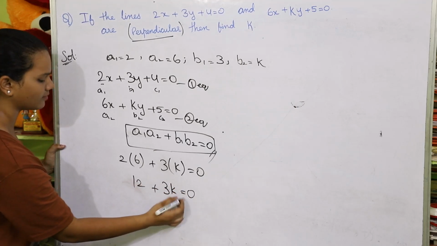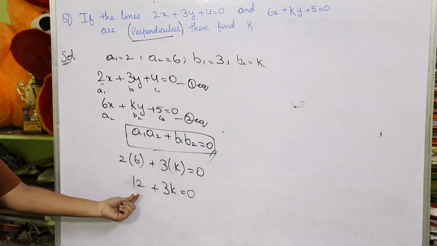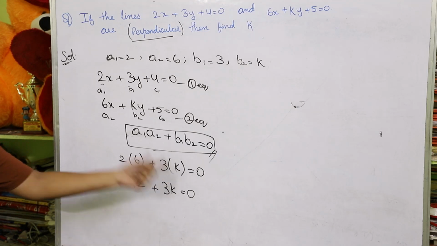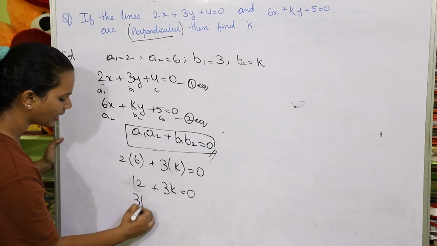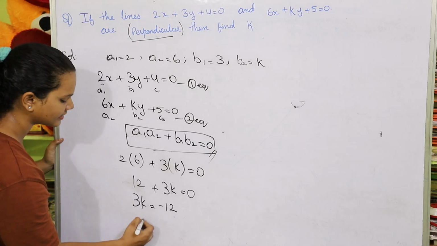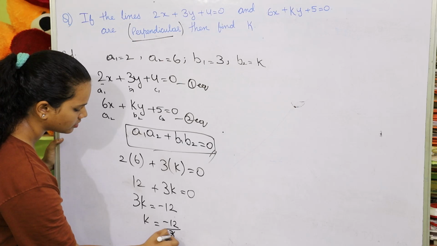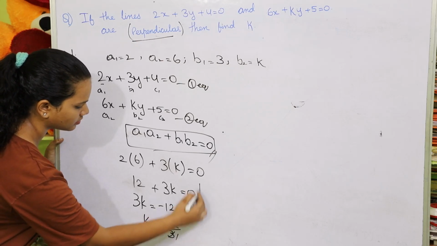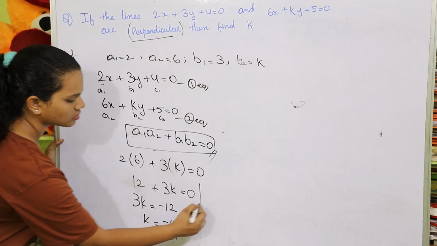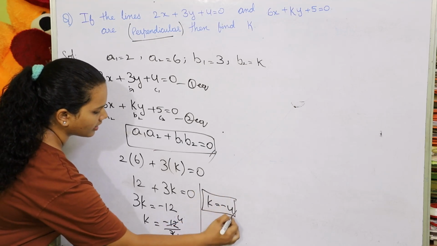Transpose this 12 to the other side, it becomes minus 12. So 3k is equal to minus 12. Transpose this 3 to the other side, so k is equal to minus 12 by 3. 3 times 4 is 12, so k is equal to minus 4. So here we got the k value.